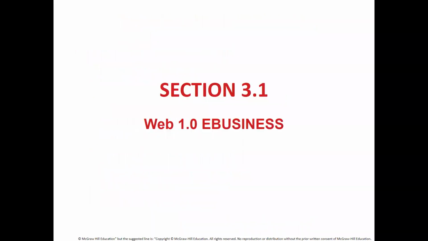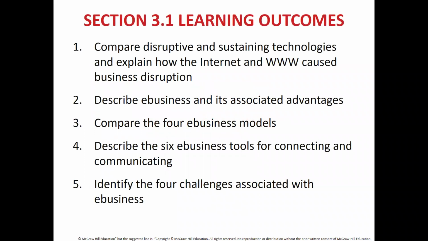So first of all, Web 1.0, e-businesses. In section 3.1, we'll compare disruptive and sustaining technologies and explain how the internet and the World Wide Web cause business disruption. We'll also describe e-business and its associated advantages.